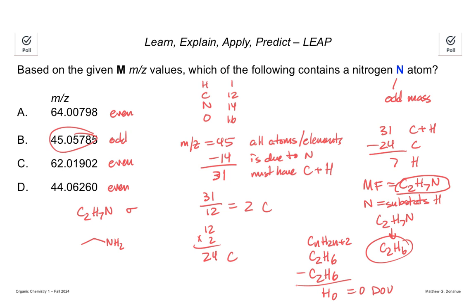So that would be a reasonable claim. This would be a primary amine. We could also draw one more constitutional isomer. This would be a secondary amine. So just from that single piece of data there, 45, we're able to work through all this, find a molecular formula, and draw some structures.